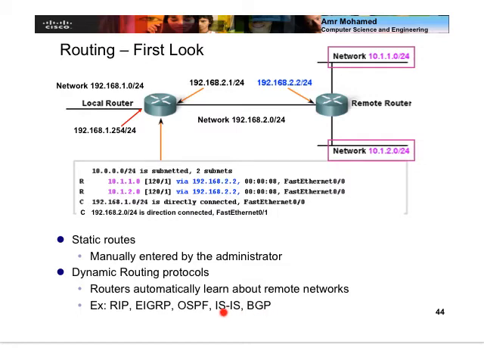These IS-IS and border gateway protocols are hierarchical routing protocols that are used to route between the internet service providers. So within the network of one internet service provider, you can use one of these routing protocols. And then this border gateway protocol is used to route between service providers.